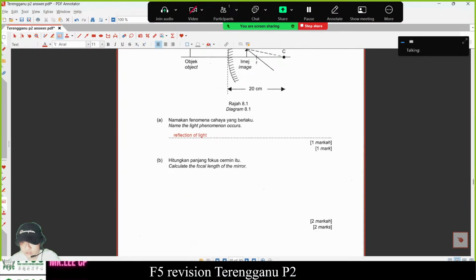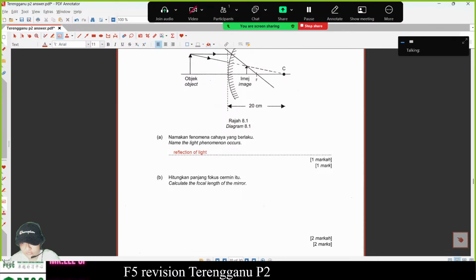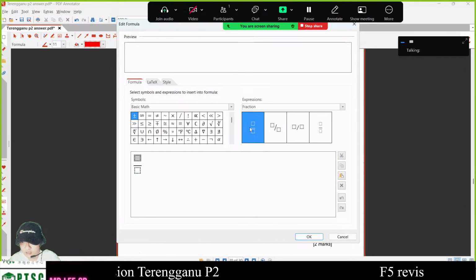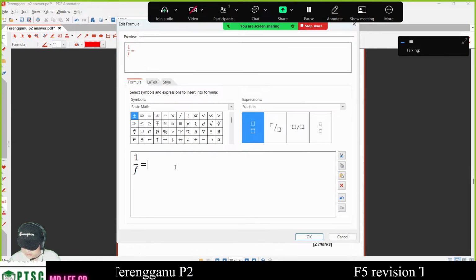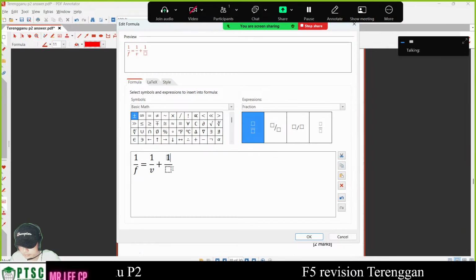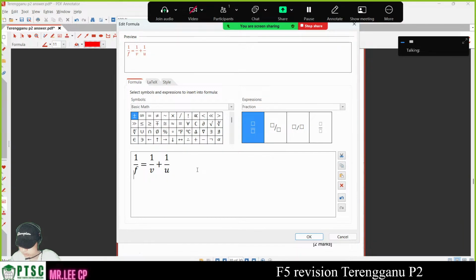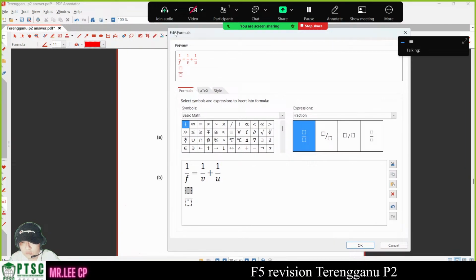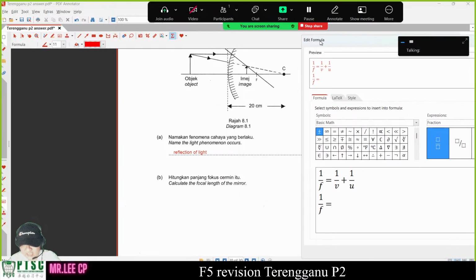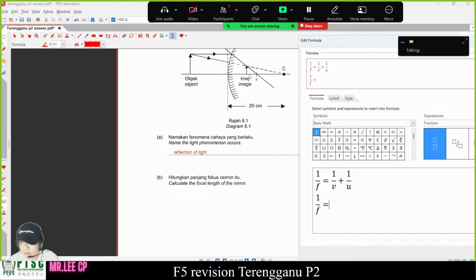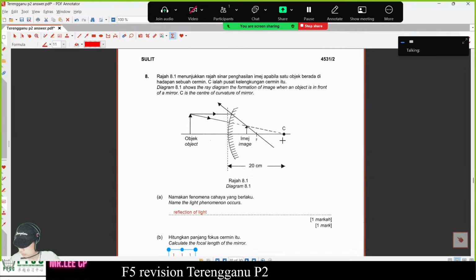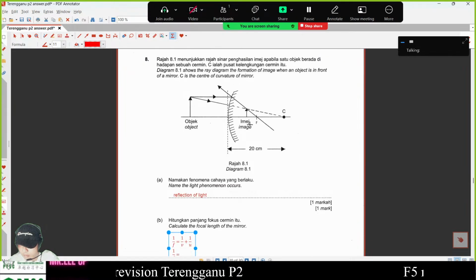Next, they ask you to calculate the focal length of the mirror. What's the formula? 1 over F is equal to 1 over V plus 1 over U. Focal length, I don't know. 1 over V is image distance.